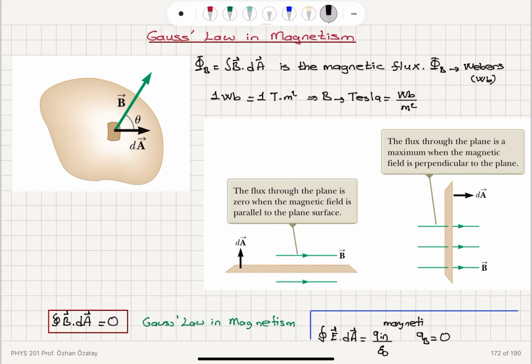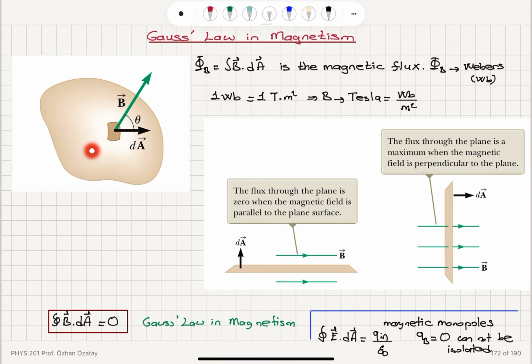So unlike positive and negative charges, we cannot have north and south poles isolated. They always come in pairs. So magnetic poles, monopoles, cannot be isolated. And therefore, we reach Gauss law in magnetism, closed surface integral B dot dA, the total magnetic flux has to be equal to 0.